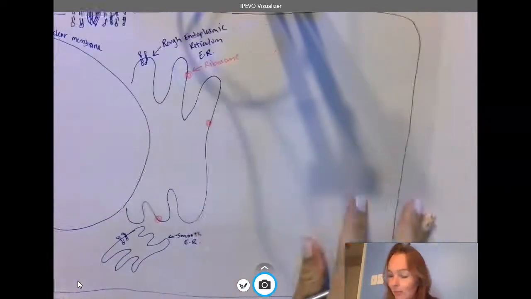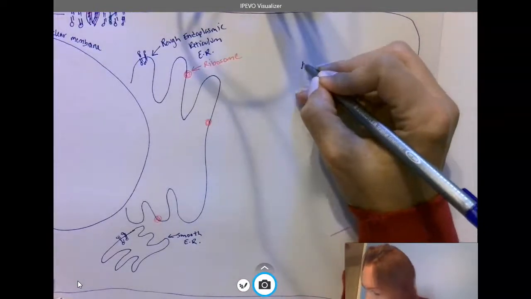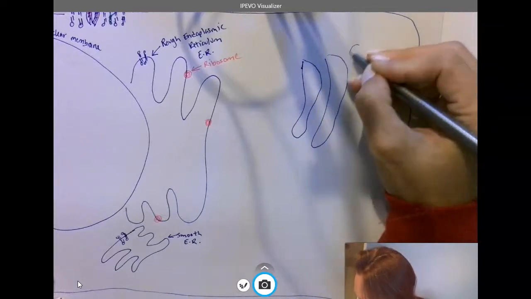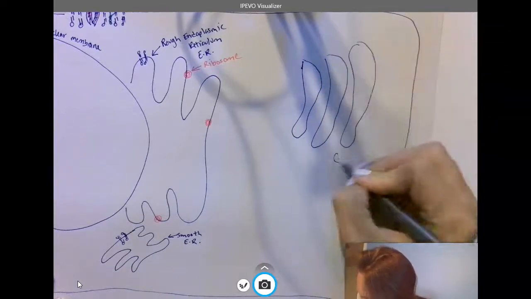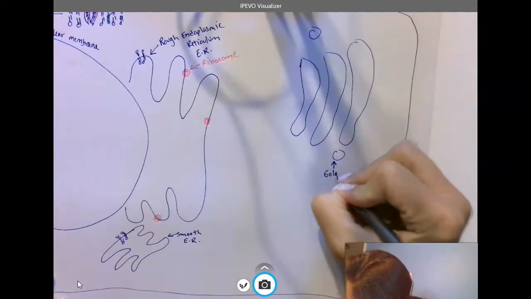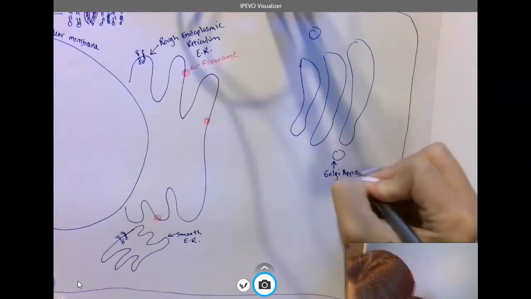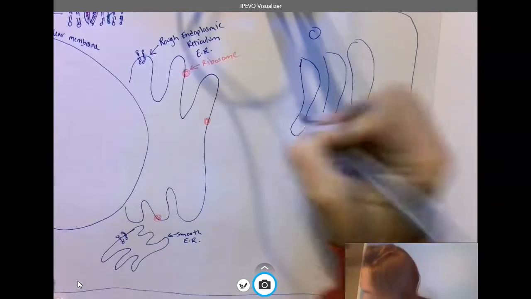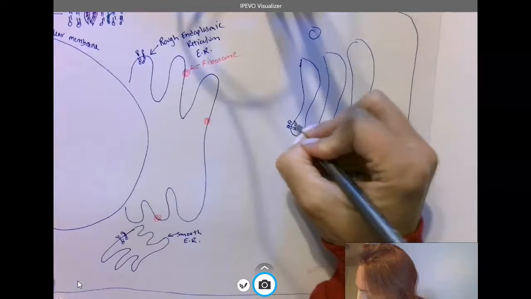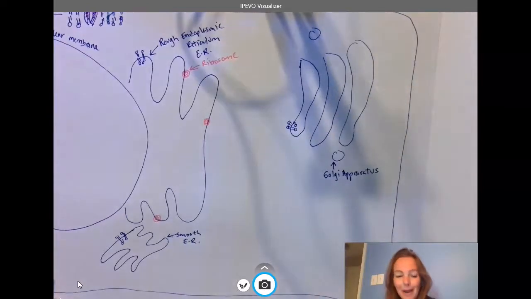Then farther away from this rough ER, we have our Golgi, which is also made up of phospholipid bilayer with embedded proteins. So the Golgi is also made up of a biomembrane.